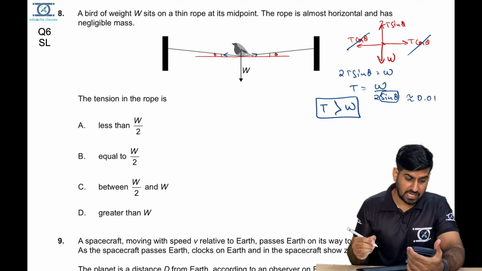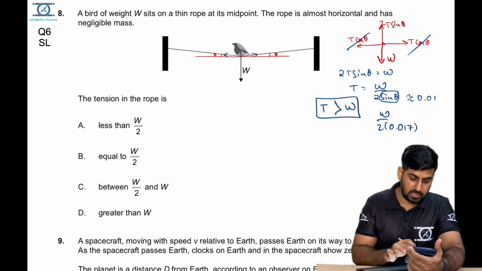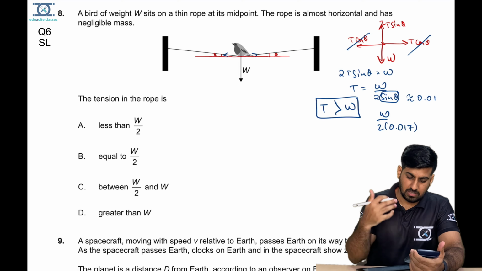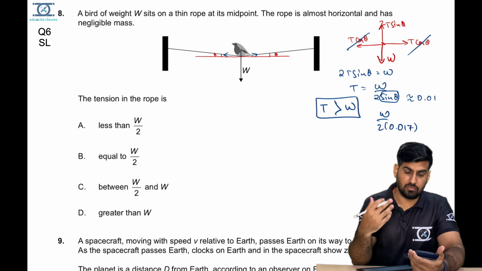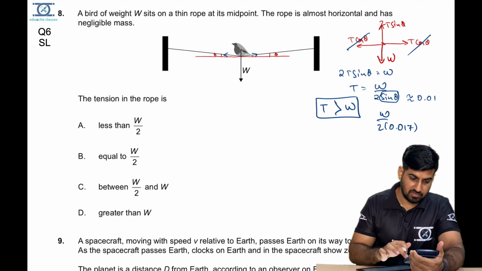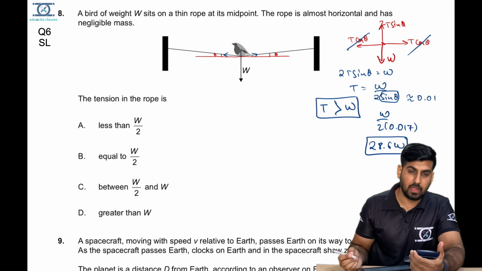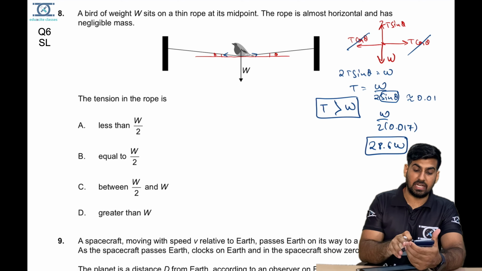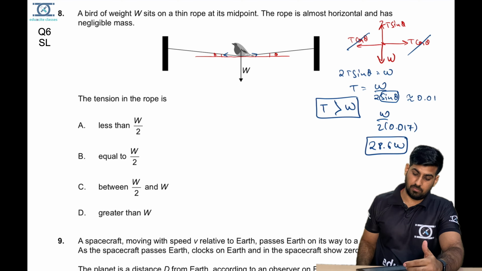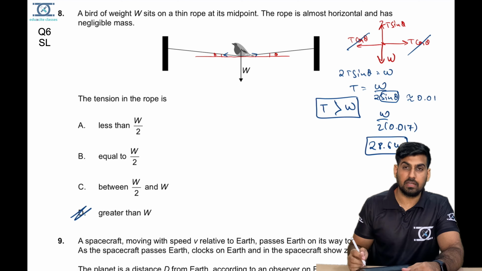Sine 1 is 0.017, so T is W upon 2 into 0.017, which gives you 28.6 times W. So it is greater than W. You have to keep in mind that for a very small angle, it will always be greater than W.